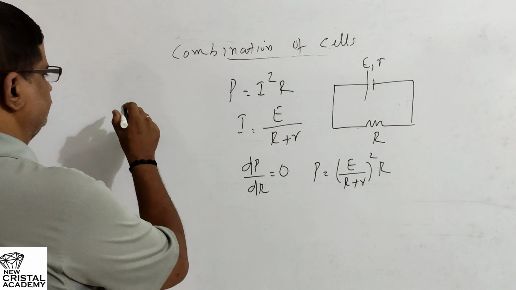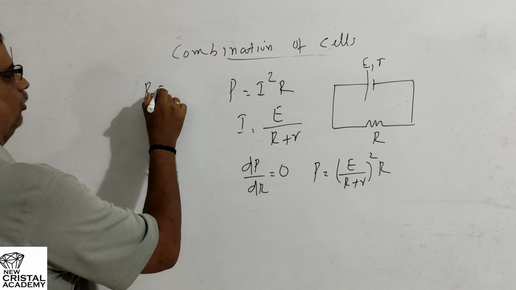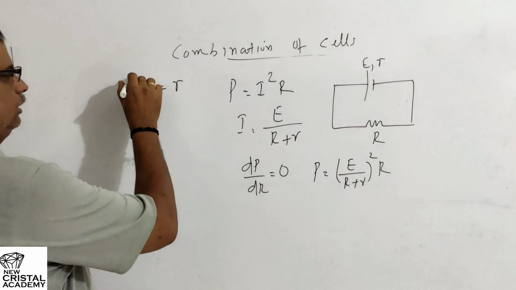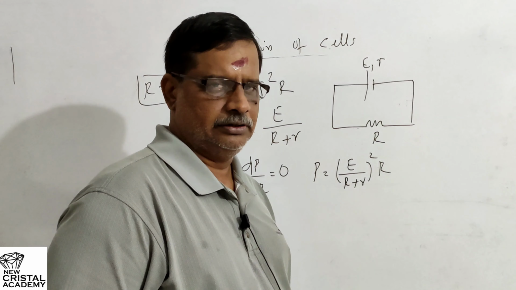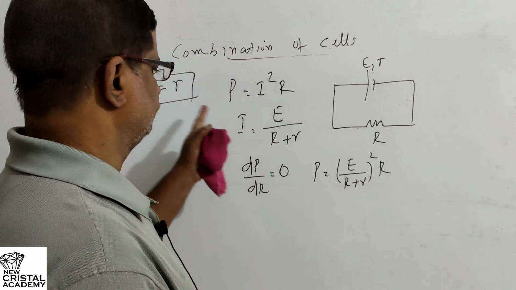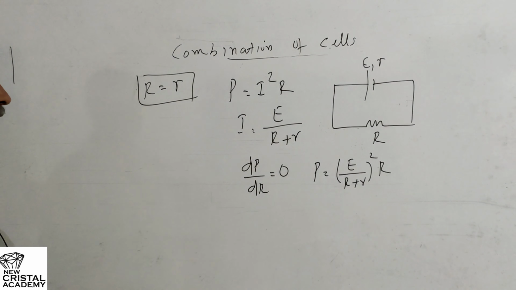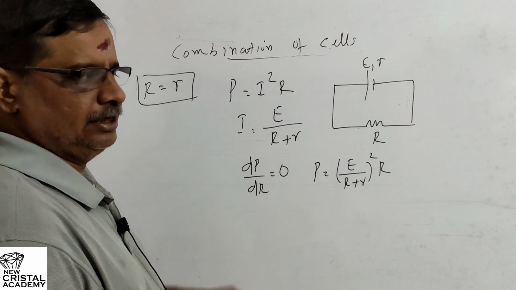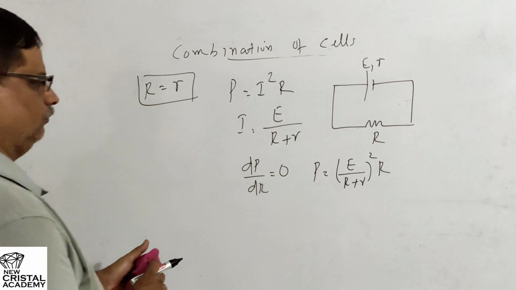Then we will get a condition that capital R equal to small r. So when the external resistance and internal resistance become equal, the power delivered by the cell to the external resistance will be maximum. This is called the maximum power transfer theorem. So the maximum power transfer occurs when the external resistance and the internal resistance become equal. Now at that time, what will be the current?